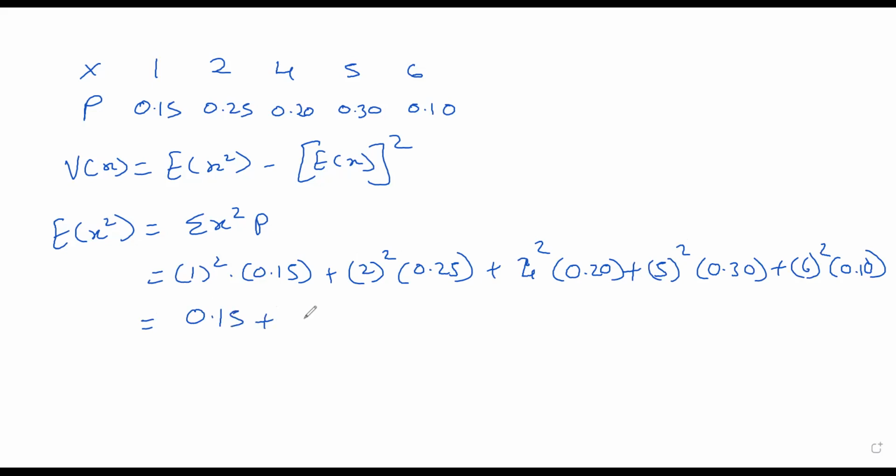This will be 0.15 plus 4 into 0.25. 2 square means 4. That is 1, plus 16 into 0.20 is 3.2, plus 25 into 0.30 is 7.5, plus 3.6.